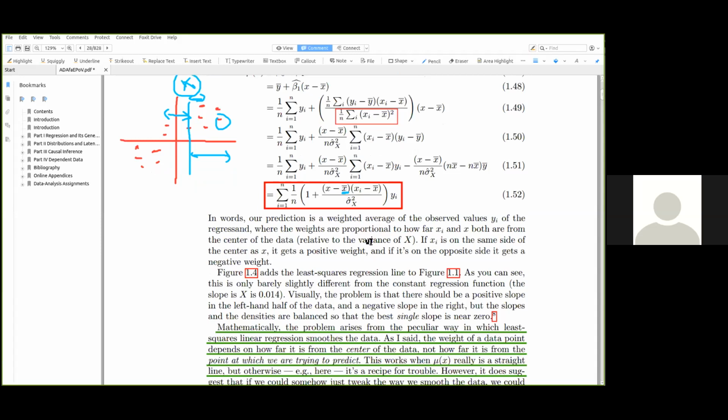The prediction is a weighted average of a regression where the weights are proportional to how far xi and x both are from the center. Assume y is the center, calculate the distance of each data point and the summation of all those weights with their corresponding values. Okay, this is what we're doing.